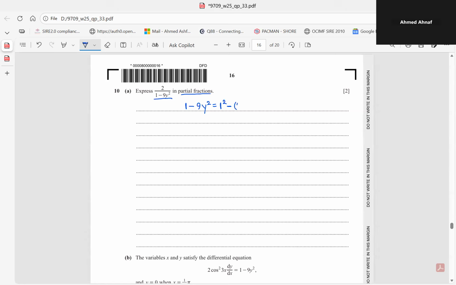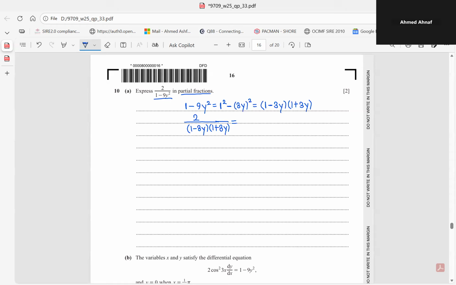So b is 3y, because 3y squared is just 9y squared. So this is (a minus b), which is 1 minus 3y, times (a plus b), 1 plus 3y. Now we can rewrite it in the fraction: 2 over (1 minus 3y)(1 plus 3y).